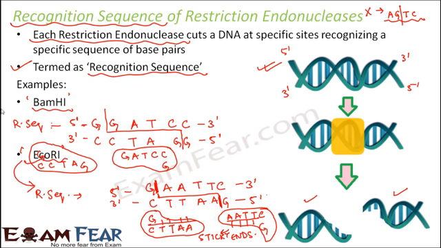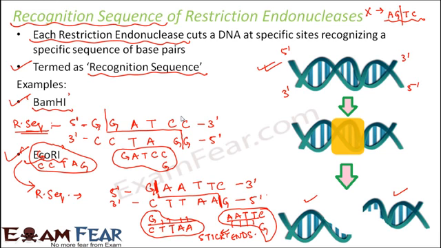For now, what I'm trying to explain to you is that each and every restriction endonuclease enzyme will have a specific recognition sequence. Whenever they find that particular sequence, they will break the bond between specific nitrogenous bases, and that is how they will cut the DNA.